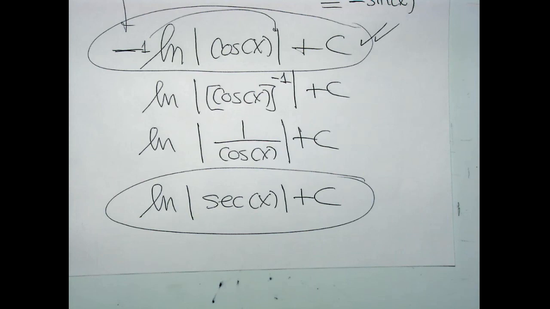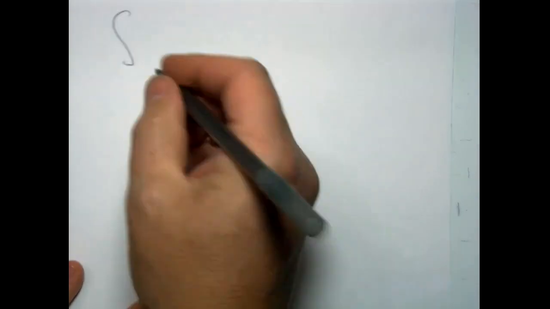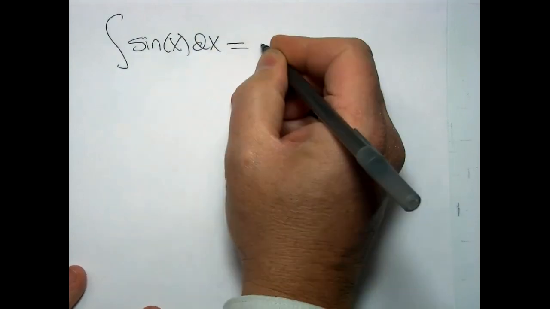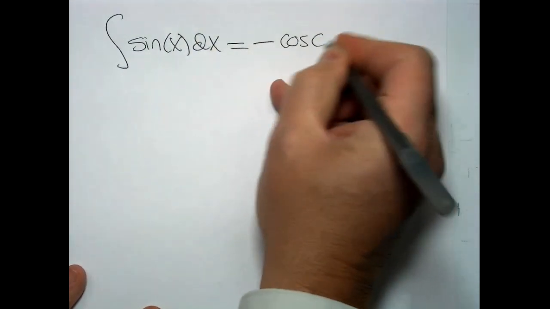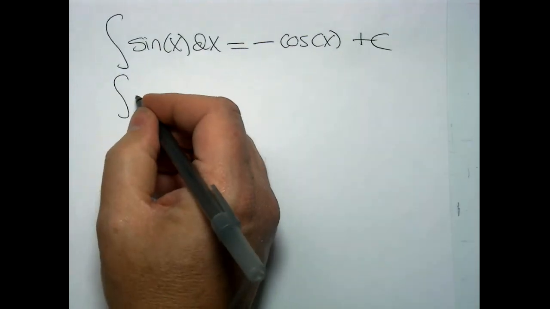Now I'm running out of time, but I'd like to look at the 6 trig functions and their antiderivatives. Let's start with the antiderivative of sine. Remember, everything's backwards. The antiderivative of cosine.